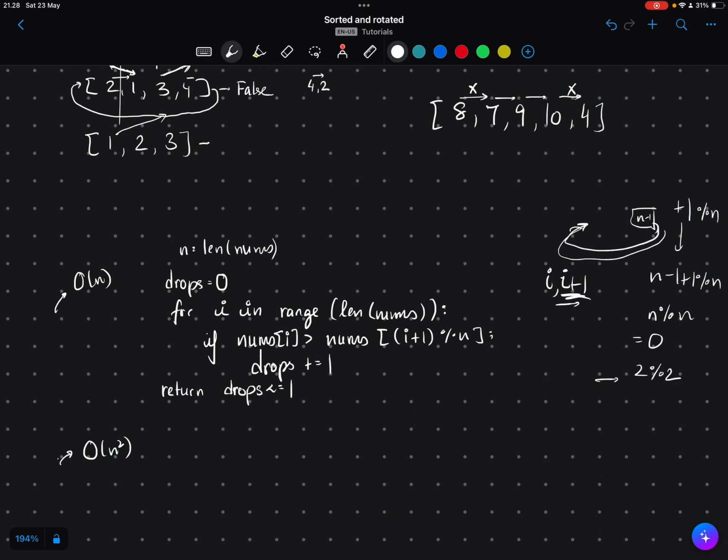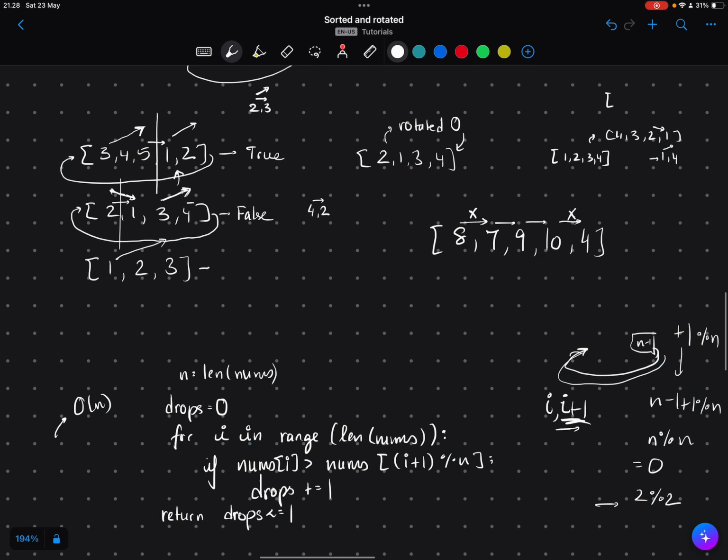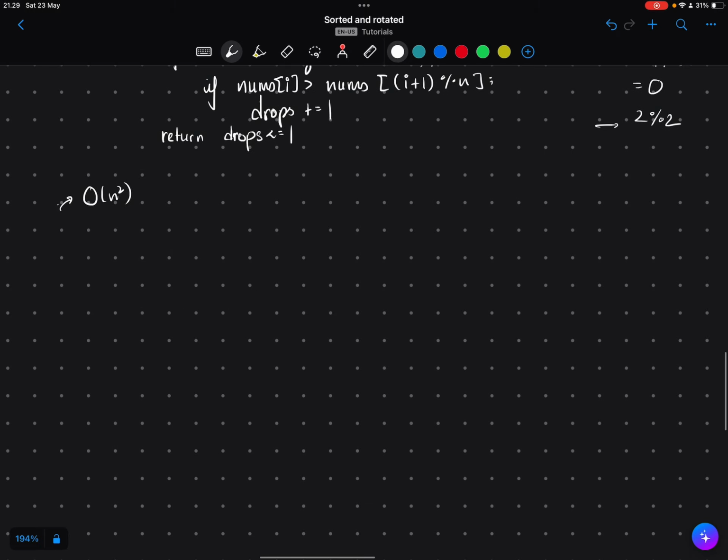The one that I originally came up with was O of n squared. Essentially what I did for O of n squared was I took the same approach, so 3, 4, 5, 1, 2, and as soon as I detect a drop, so nums[i] is greater than nums[i + 1], we had a drop.